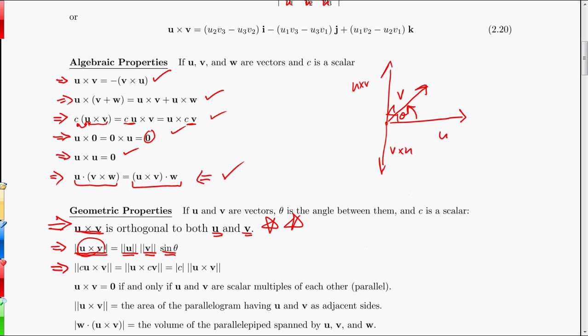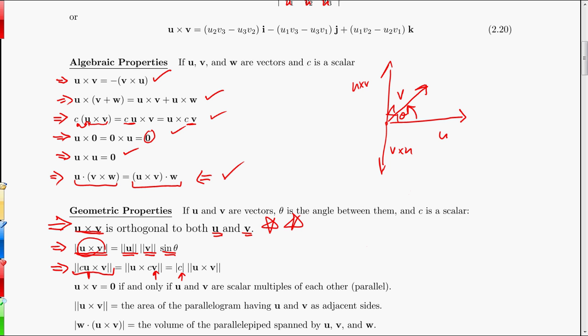And what this shows us is that if you multiply either vector, either U or V, by some scalar C, then that affects the length of the entire cross product. Right?